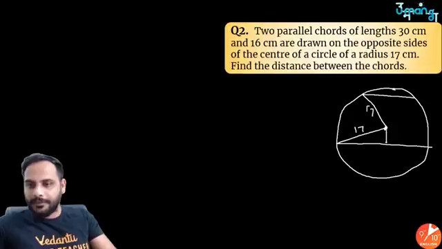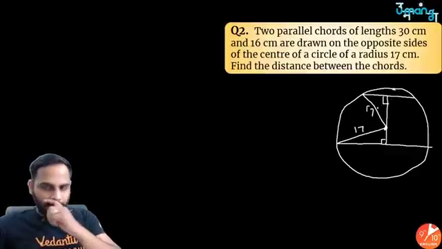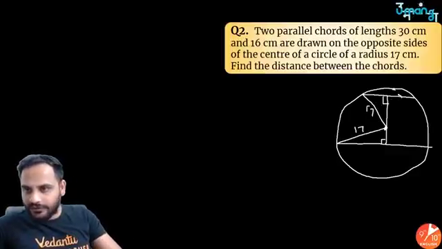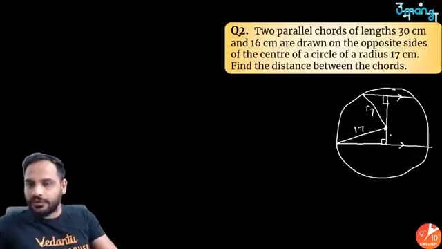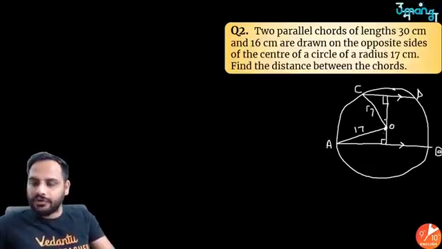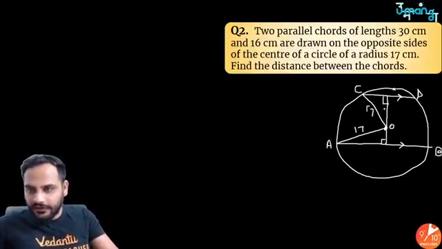If I drop the perpendicular on both the chords, now look, since both the chords are parallel, let's say A, B, C, D. Since both the chords are parallel, if I draw a line which is perpendicular to AB, it will be perpendicular to CD as well.